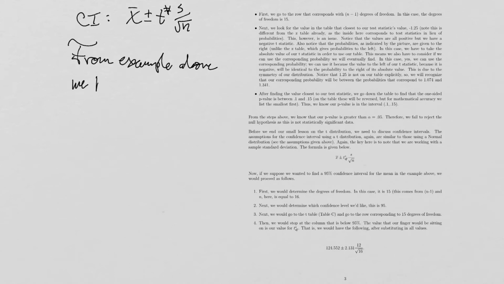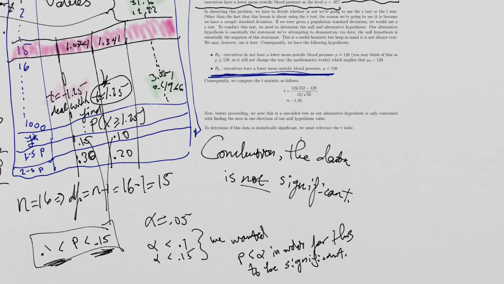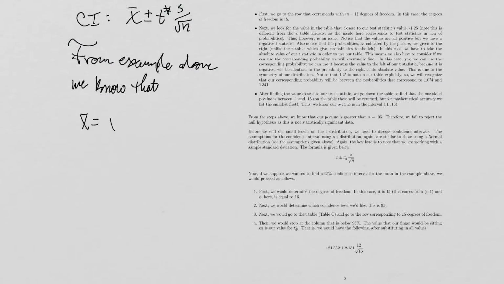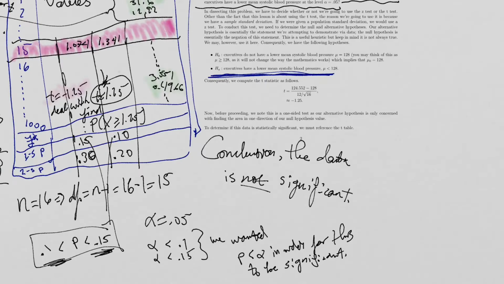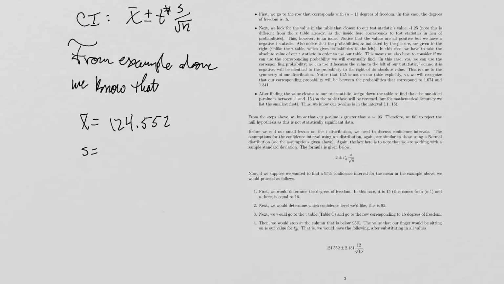we know that x bar, say, is equal to 124.552. We know that s is equal to 12. And we know that n is equal to 16.